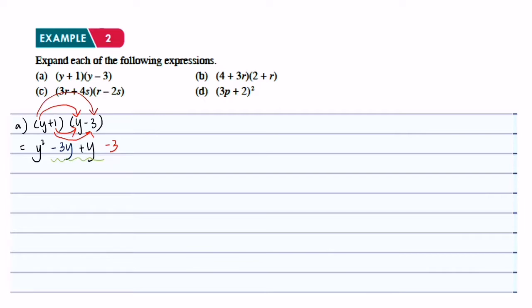So we add the like terms here. So equals y squared. Negative 3y plus y equals negative 2y. And negative 3 you just copy down.